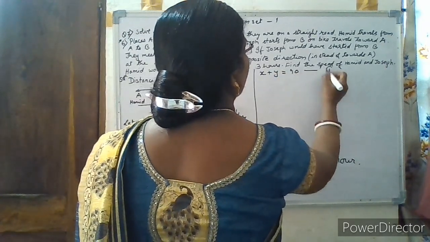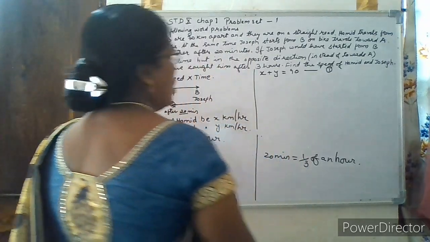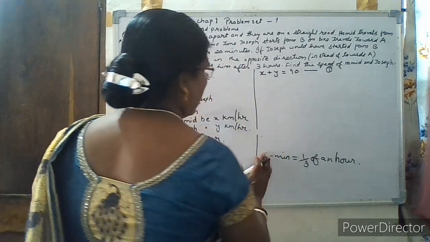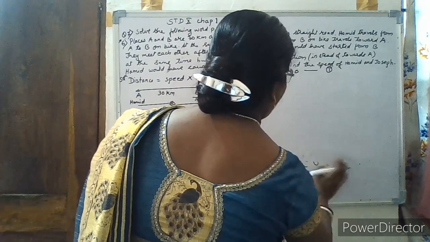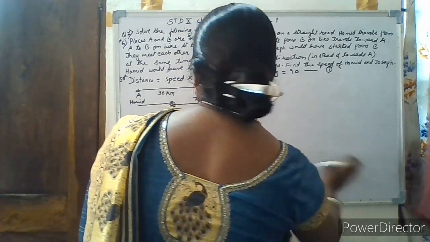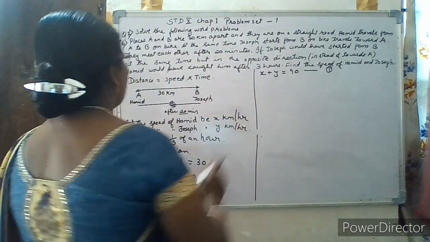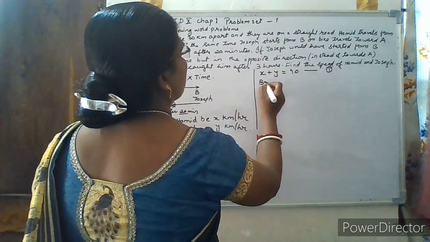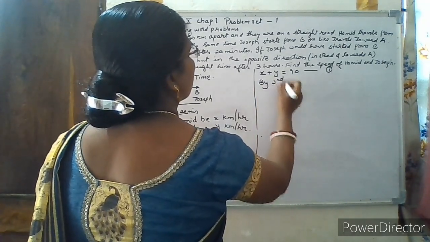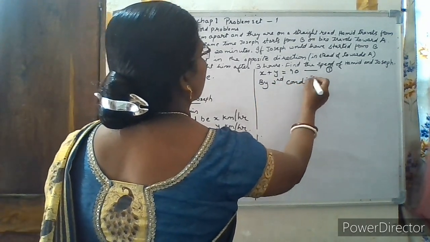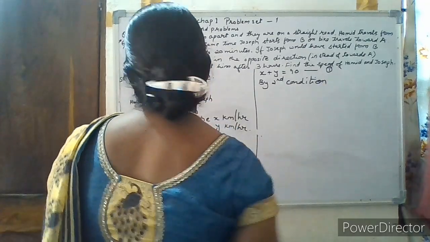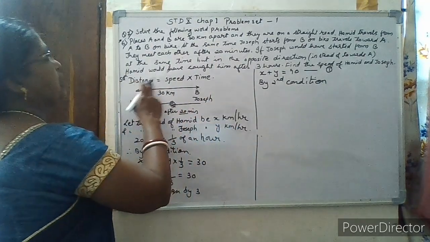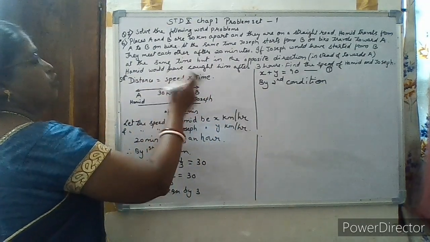This is equation 1. Now let us go with the second condition. By the second condition, we'll go again with the same formula, distance is equal to speed into time.